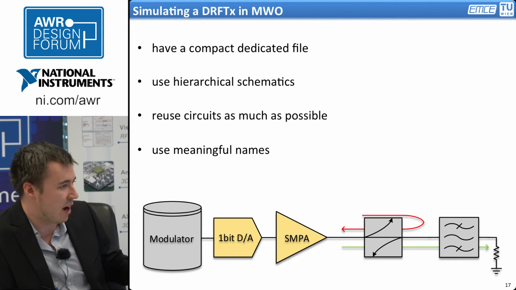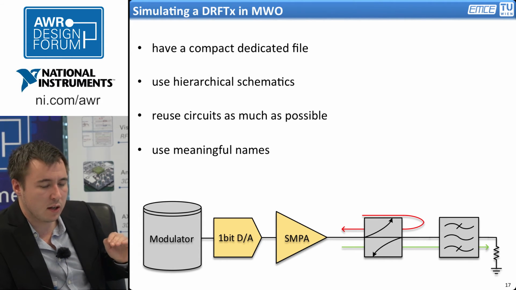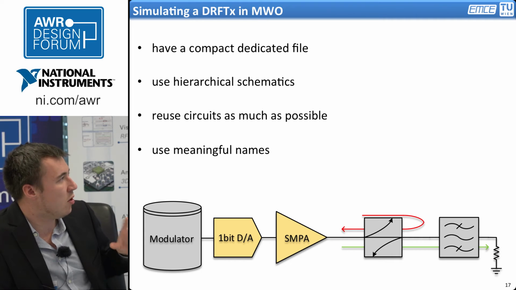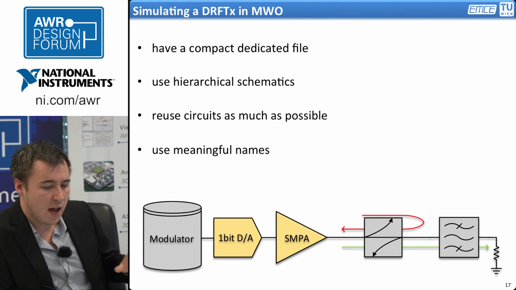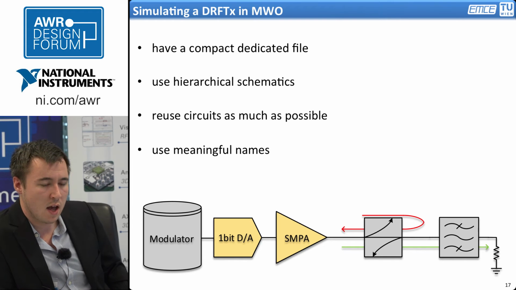Do not have a lot of variety of subcircuits and so on. Use hierarchical schematics, so reuse as much of the circuits as you can, and use very meaningful names, since we will be indicating all the circuits and the variables by their names, and things get messy if you don't choose them wisely.